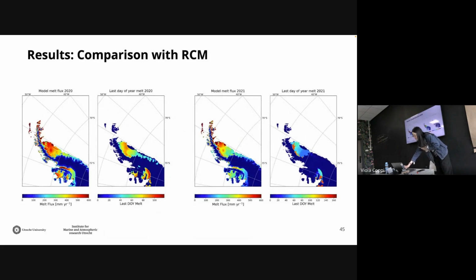So again, this is a comparison with the climate model, which for me is surprising, because sometimes they match each other in terms of 2020, and both of them show quite large melting days or last day of melting, but in some years they are not quite aligned with each other.